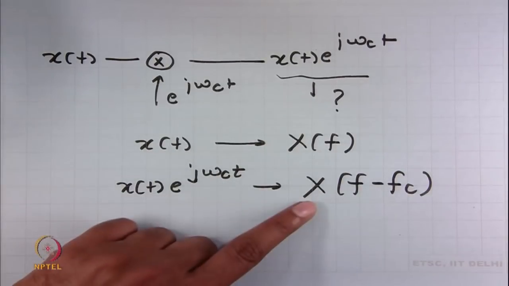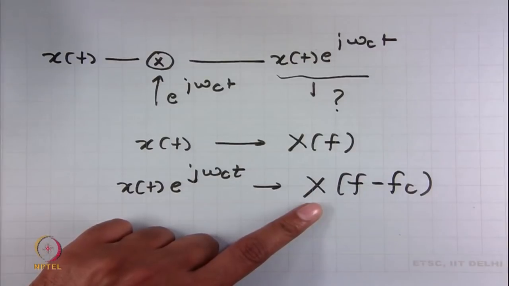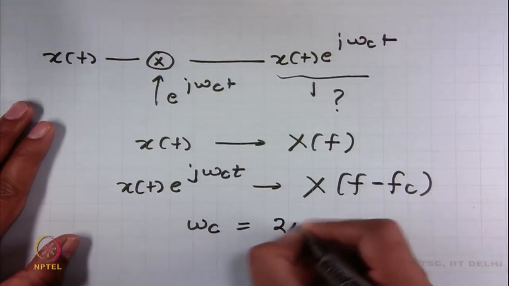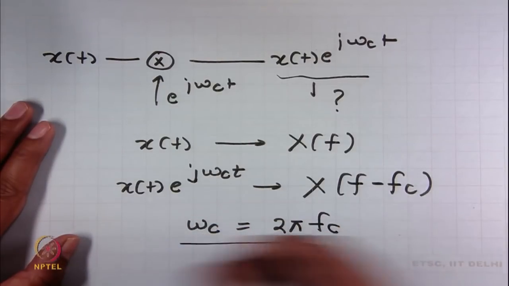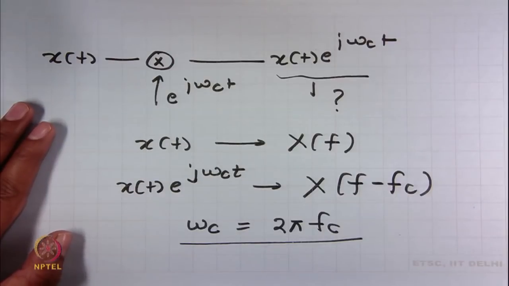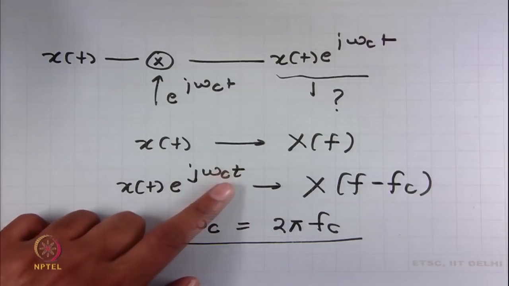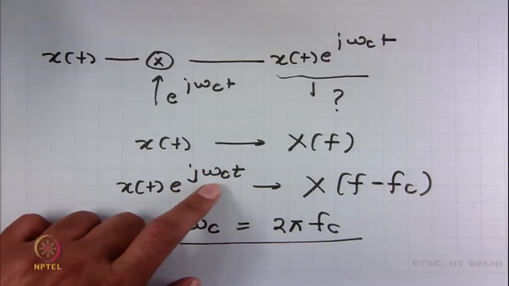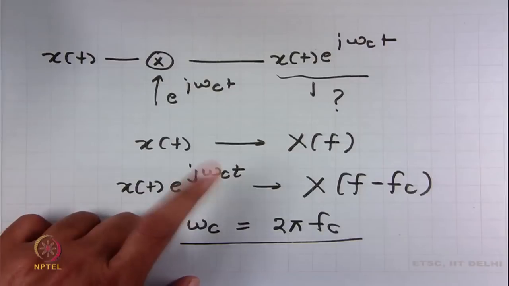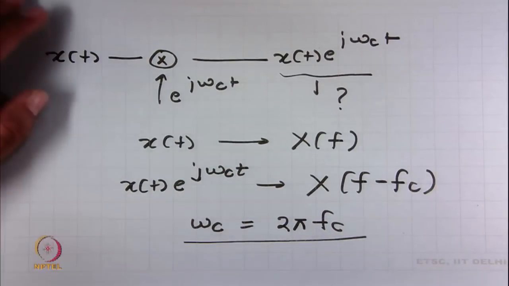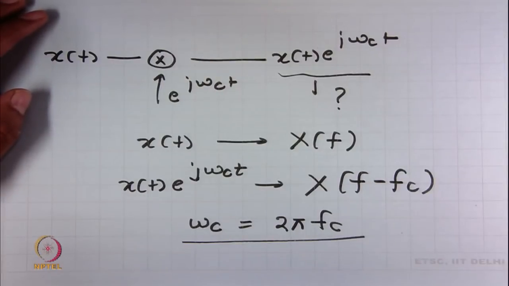So, the spectrum is translated to f_c, where ω_c is 2π f_c. This is typically the notation that we use, sometimes even without mentioning the relationship between ω_c and f_c, and this relationship is ω_c equals 2π f_c.